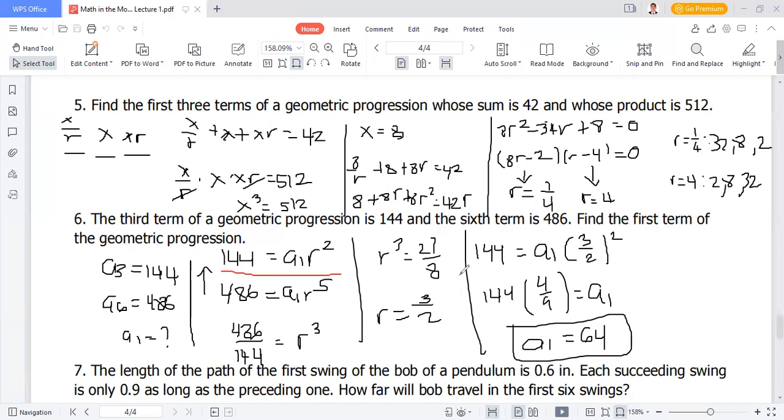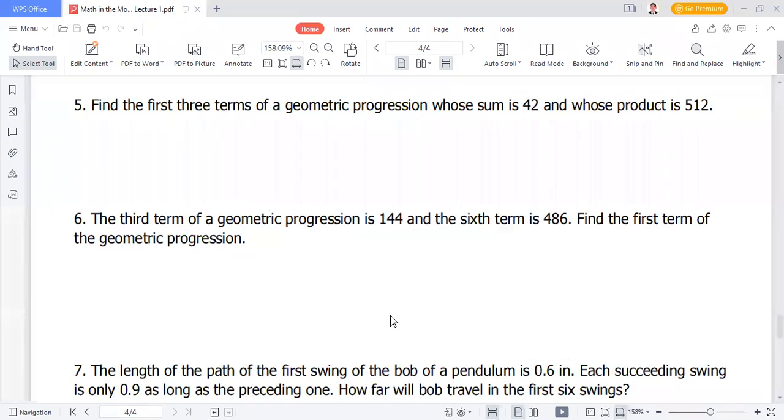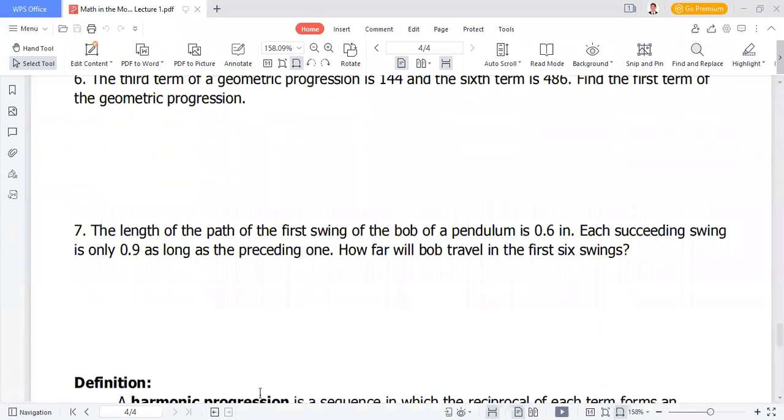So next. Number 7, last question for geometric sequence, and proceed tayo sa harmonic. So the length of the path of the first swing of the bob of a pendulum is 0.6 inches. Each succeeding swing is only 0.9 as long as the preceding one. How far will bob travel in the first 6 swings? Okay.